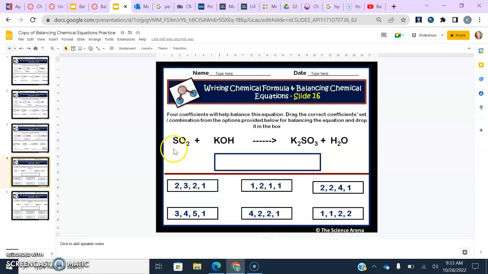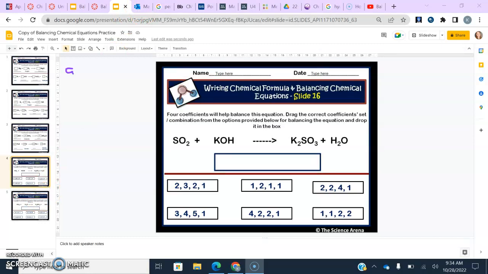So like this 1 here means 1, 2 means 2, 1 is 1, 1 is 1. Okay, that's what these numbers mean. So these are the coefficients of each of the elements or compounds in the formula. Okay, so let's do this one, and then you guys will just do one of these on your own.